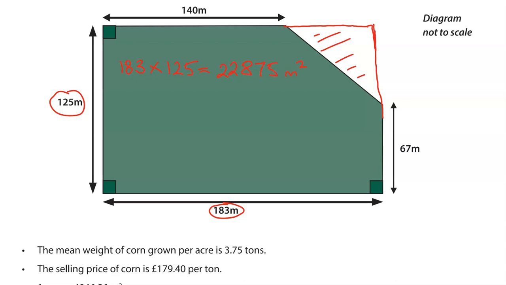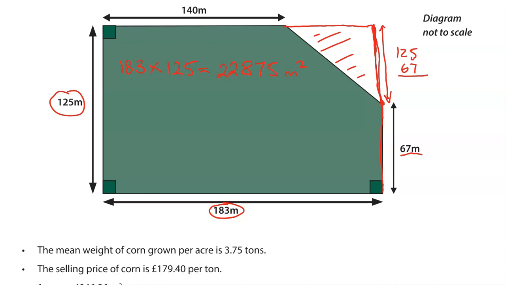Now the area of the triangle, looking at the dimensions. So first let's have a look at this length here up to this point. It's not given to us, so we need to work it out, but it can easily be worked out. If we take away 67 from 125, because 125 is the whole length, taking away 67 gives us the difference, which is this length here.